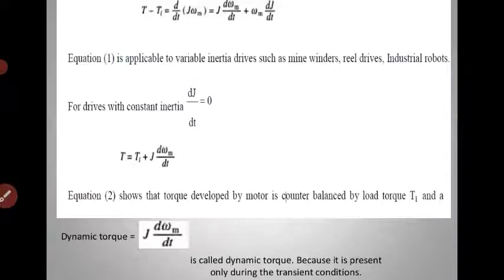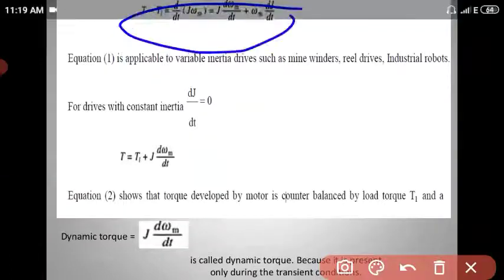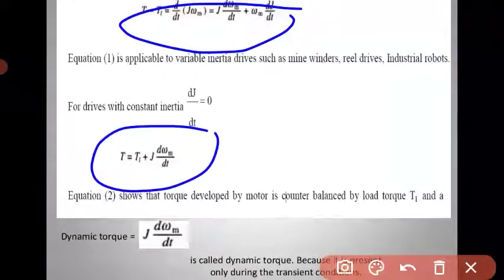For a drive with constant inertia, this equation becomes T is equal to TL plus J d omega m by dt. So it is nothing but the motor torque.